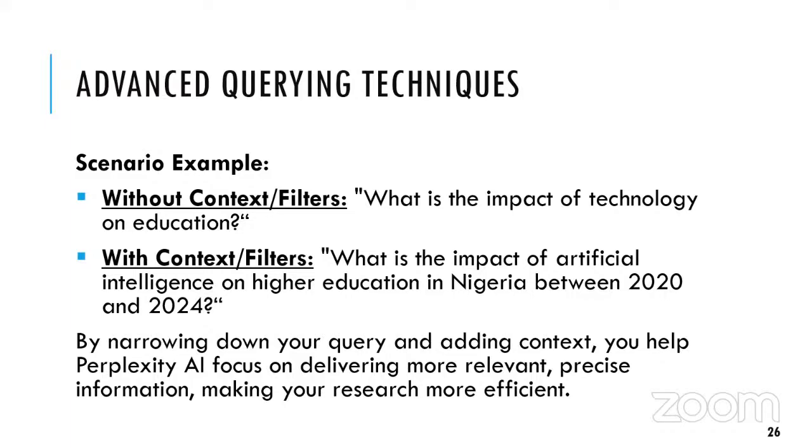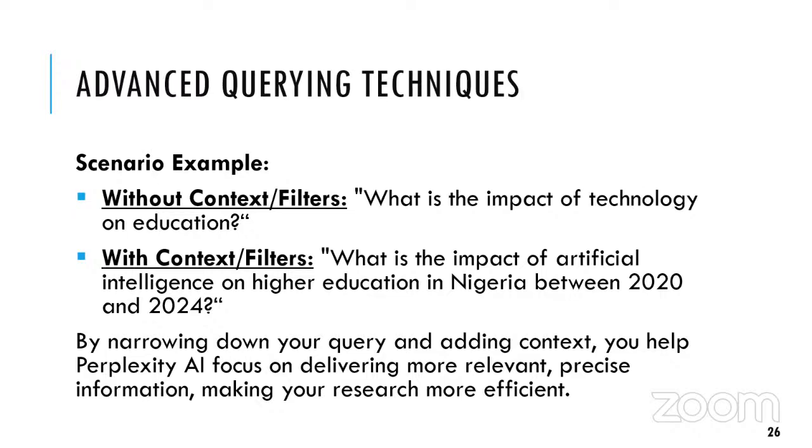Now, I want you to put this into practice. Go online and ask this question: What is the impact of technology on education? Versus when you had context and filters.